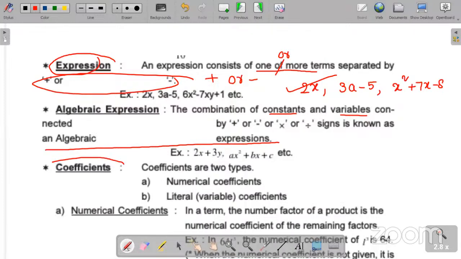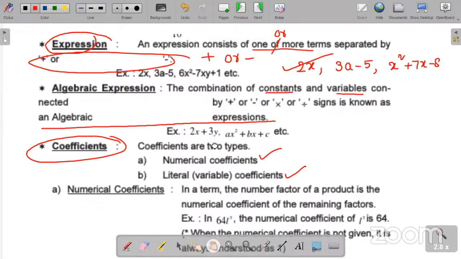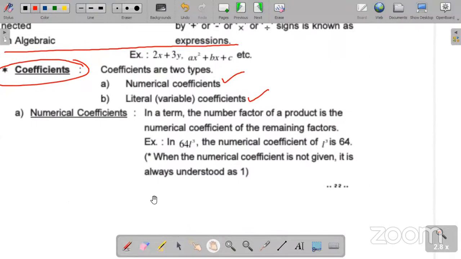So next, coefficients. Coefficients are actually of two types: numerical coefficients and variable coefficients. Numerical coefficient. What do you mean by the numerical coefficient? In a term, the number factor of the product is the numerical coefficient of the remaining factors.